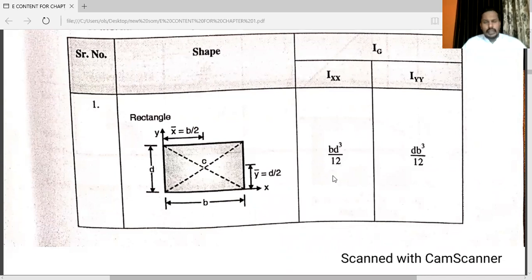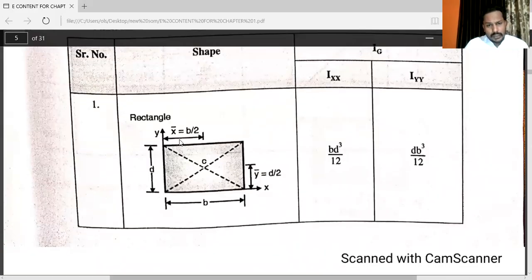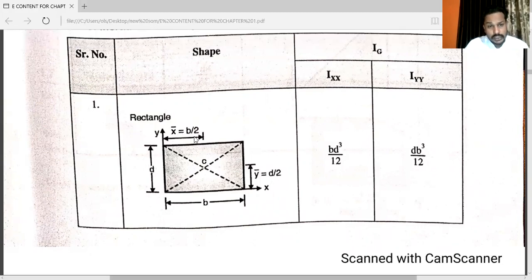While solving each and every problem of moment of inertia, you have to refer to this chart. This chart is very, very important, so you have to note down all the formulas. For each diagram, concentrate on the horizontal axis and vertical axis; X bar and Y bar are also important.